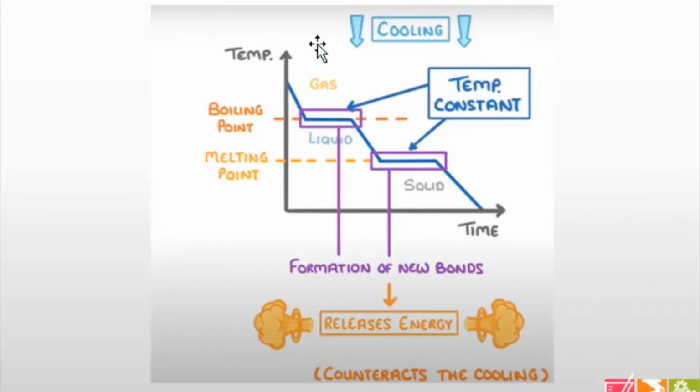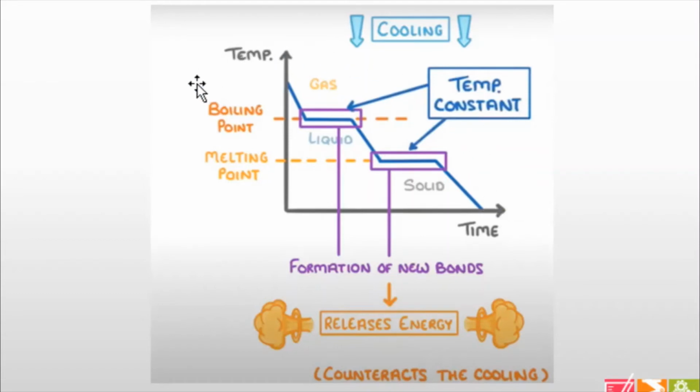Specific latent heat can be described using the graph of temperature against time. When water cools down, the graph plotted does not show an inclined line. Instead, it shows the pattern as shown on your screen.